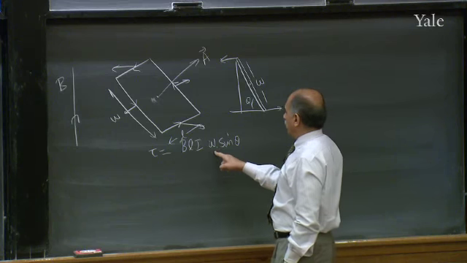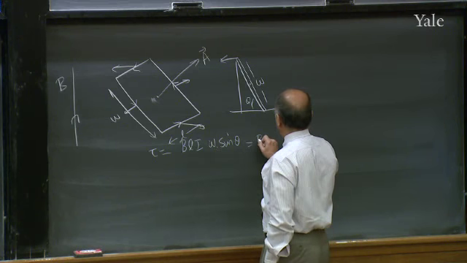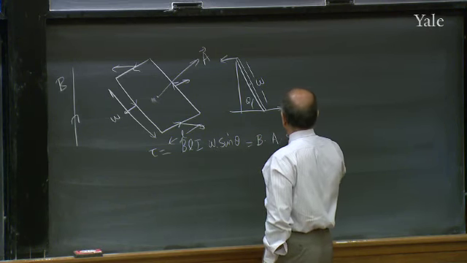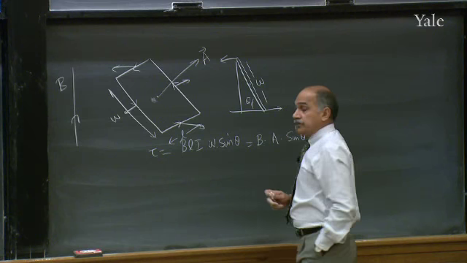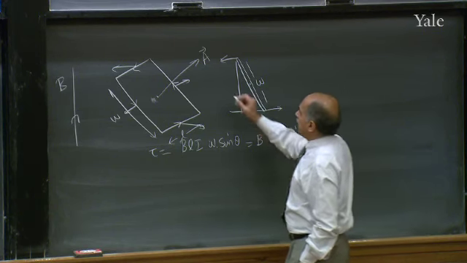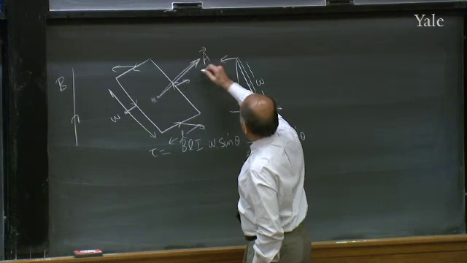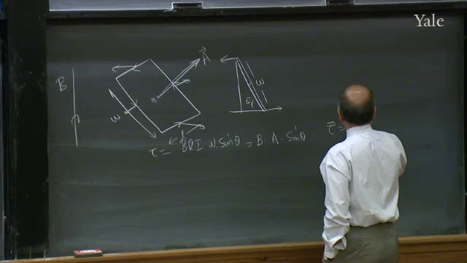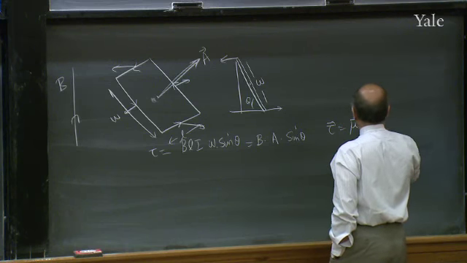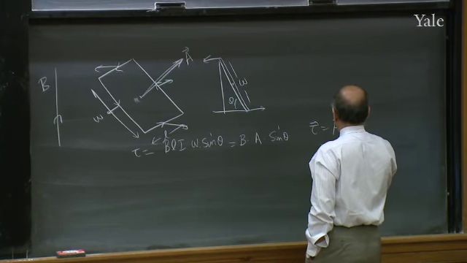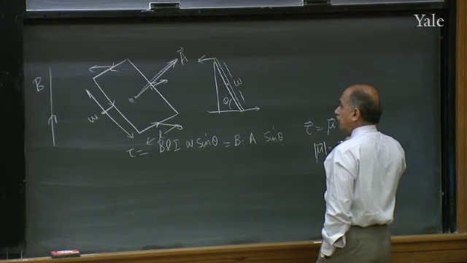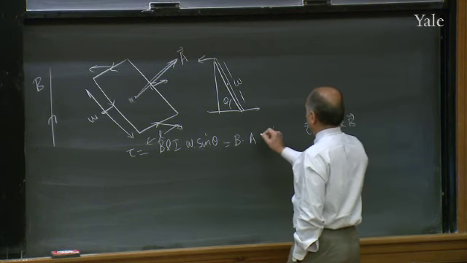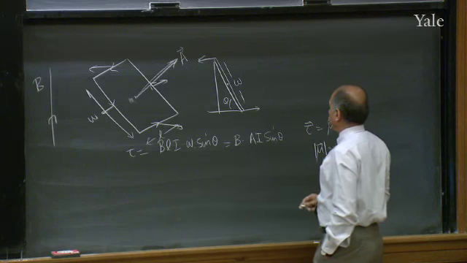But L times W is the area of the loop, so it's B times I times A times sine theta. If you represent the area as a vector pointing in this direction, then the torque is simply given by mu cross B, where mu is a vector whose magnitude is equal to the current in the loop times the area. I forgot the I.